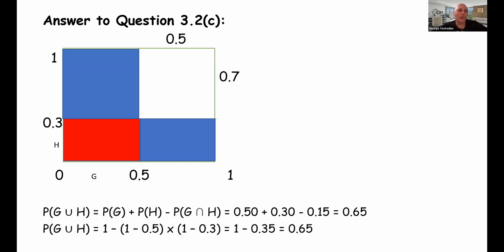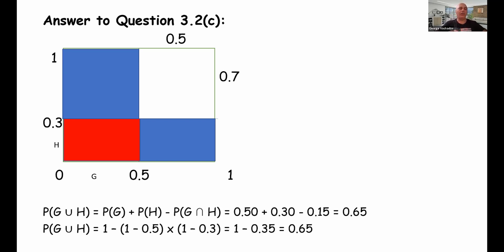So how do you solve this problem? We need to sum up the areas of those three rectangles, or an alternative way would be to sum up the two rectangles, one vertical rectangle and the other one horizontal rectangle, and take out the intersection. That's what I do on line 1.